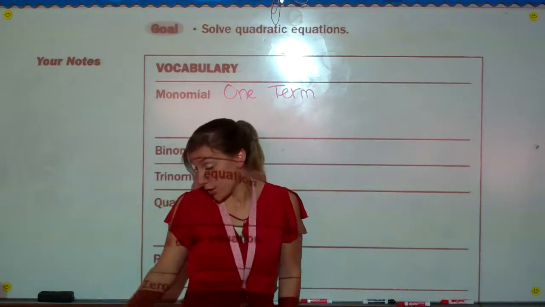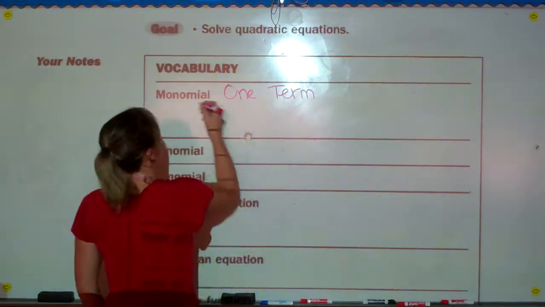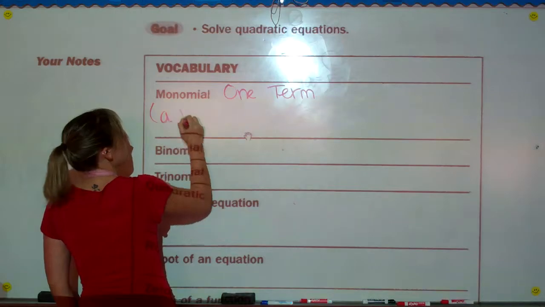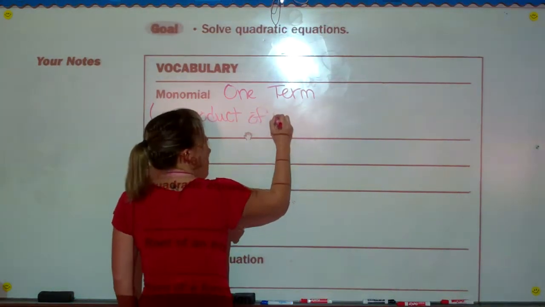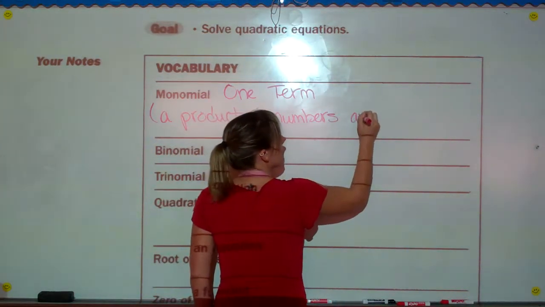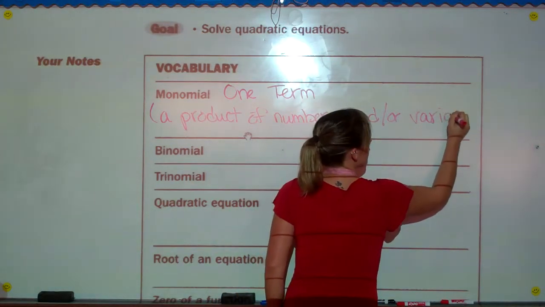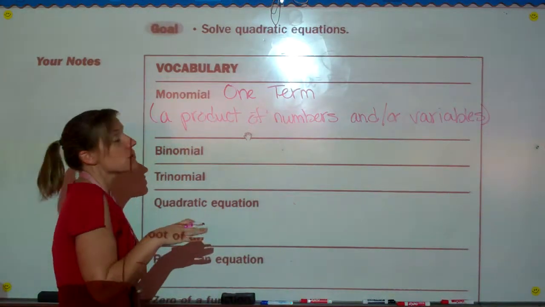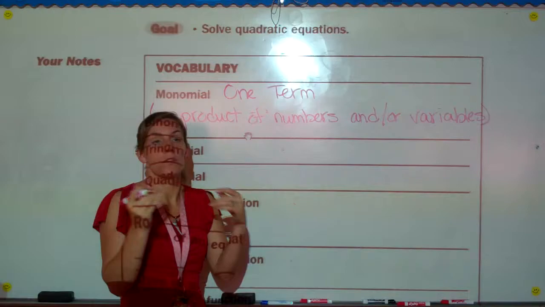And a term, I'll put that kind of in parentheses, a term is a product of numbers and/or variables. Okay? So it's just one group of either a number or variables or both, okay?